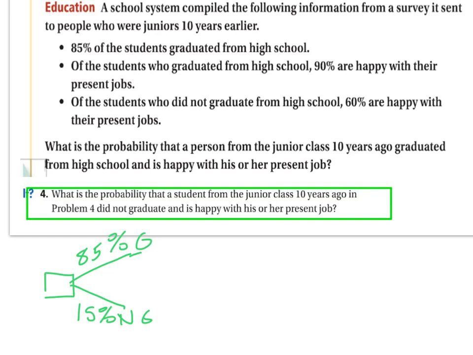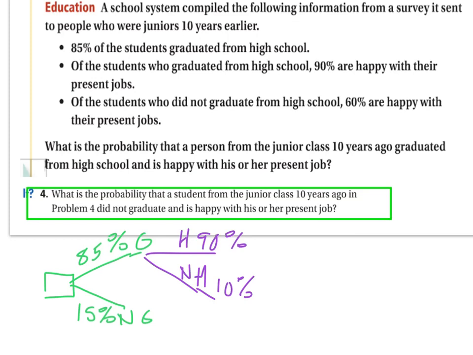It says then that of the students who graduated from high school, 90% are happy with their present jobs. So we would get a second branch, and so we would have happy here, and that's 90% of the students that graduated from high school are happy. And then we'd have not happy here, and so that would be 10% that graduated from school that would not be happy.